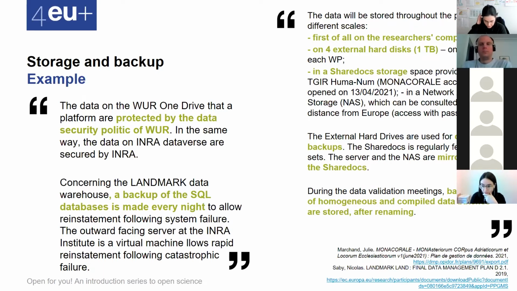They state that the external drives are backed up daily. One last point of interest for this example: the team organizes data validation meetings during which they harmonize file names and decide which results will be saved in a new backup.